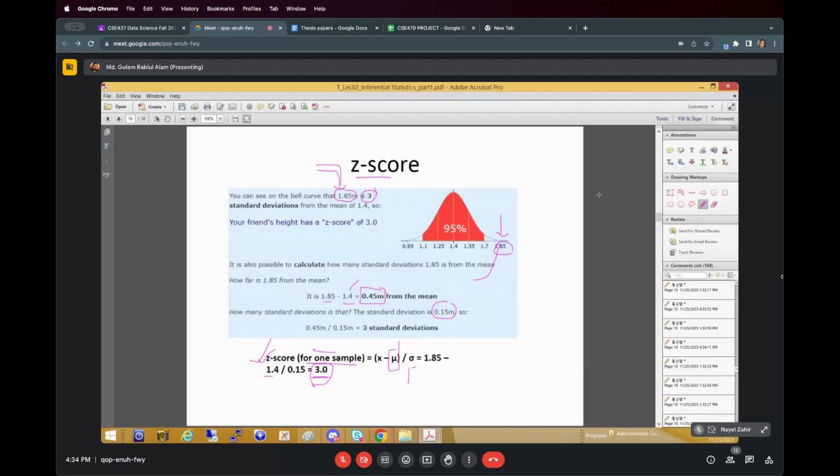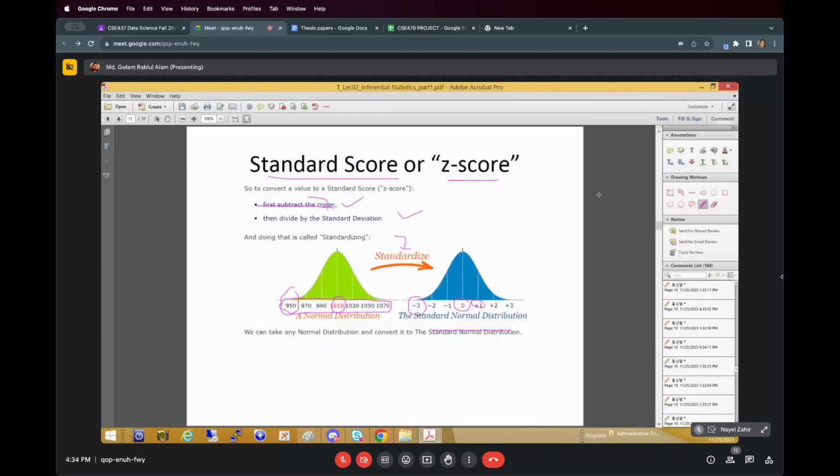Now if we have many values, then we need to do standardization. That means we need to perform the standardization using the Z score equation. Here this is normally distributed data. If we perform the standardization, we will get the data in a standard normal distribution.